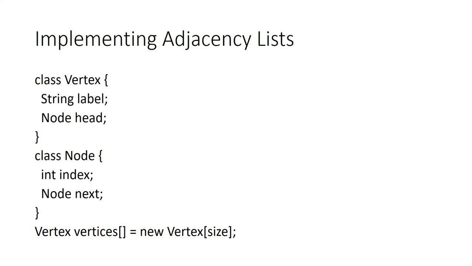And so for our purposes, we're just going to assume that we can have a one-dimensional array of type vertex, and that when we need to find something we'll just loop through from top to bottom of the array, comparing labels to the one we're looking for, and eventually we'll find it. When we find it, we can then follow its list along to get all of its edges.